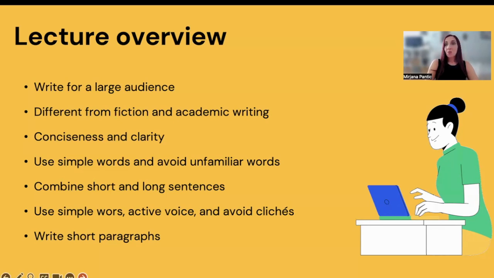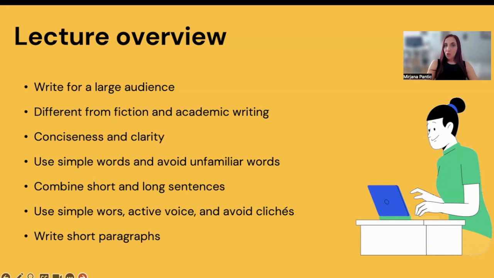We can't make up events. We need to focus on facts. And when we compare it to academic writing, we don't use the complex words that academic writing uses. We rely on simple words. We also want to make sure that our writing is concise and clear, that it leaves no doubt about the meaning. Use simple words and avoid unfamiliar words.